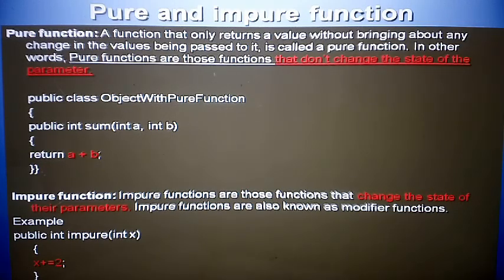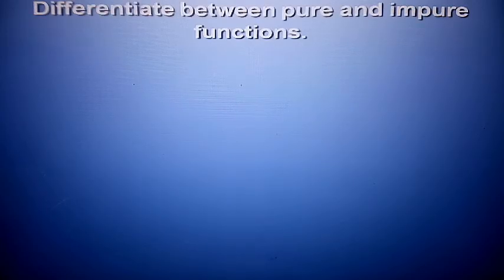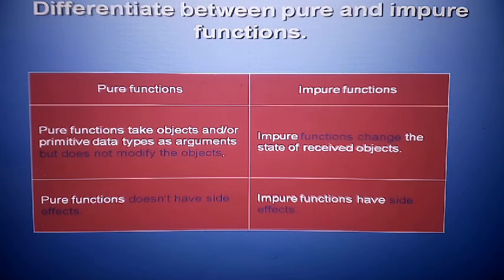Next point, the difference between pure and impure functions. Two major important points here. Number one, the pure function takes an object or primitive data type, and does not modify the object.